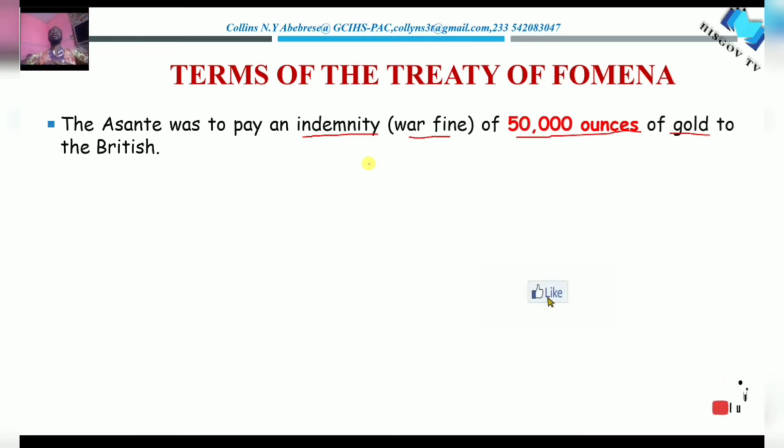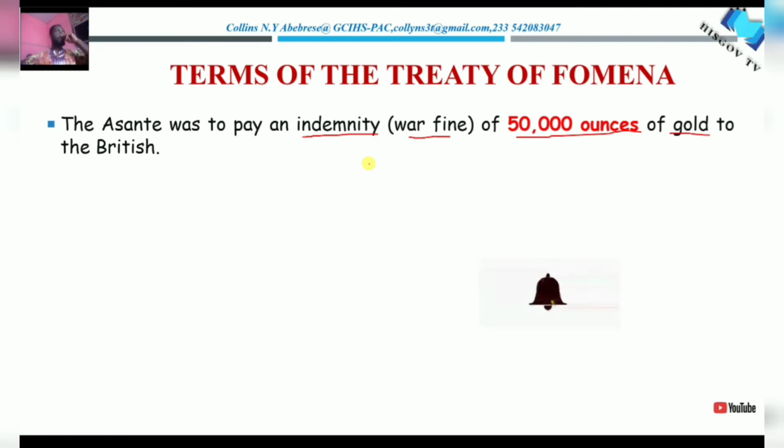Whenever two parties engage in a war, the one who loses would be asked to pay the cost of the war. You understand? Whatever the other party lost in the war, you, the loser, will be asked to pay. That is what the war fine meant in those days.